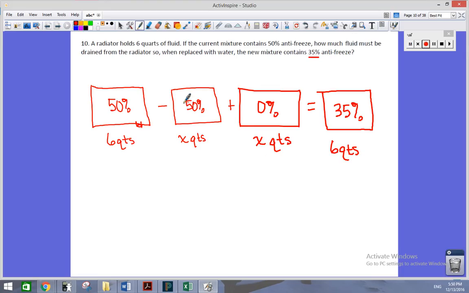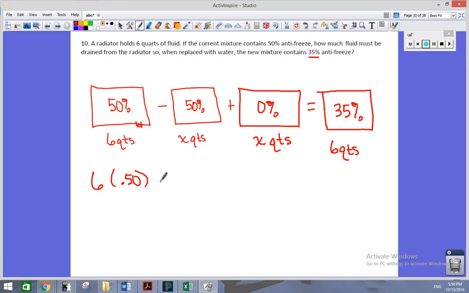So this picture helps me create an equation and create a model that will help me answer this question of how much liquid do we drain out, and that'll be the same amount of water that we replace it with. So I'm going to multiply the volume times the percentage. I'll change the percentage to a decimal. I guess I don't have to do that, but just out of habit, and it's probably a good habit to change 50% to 0.50.